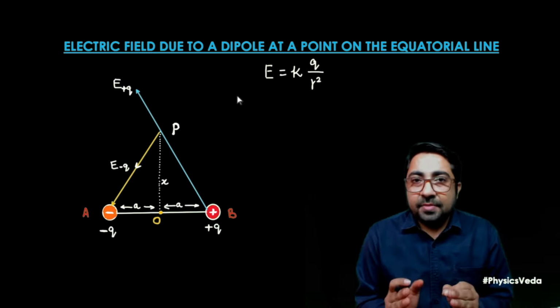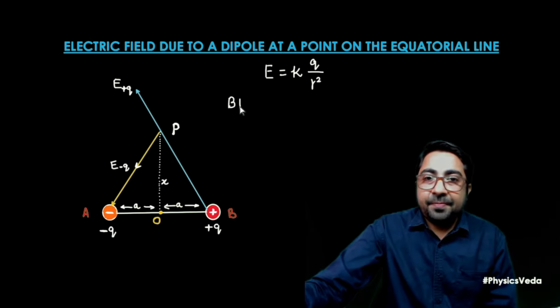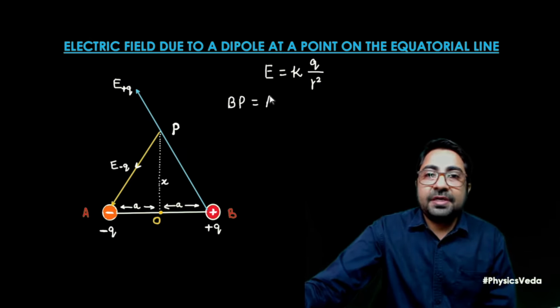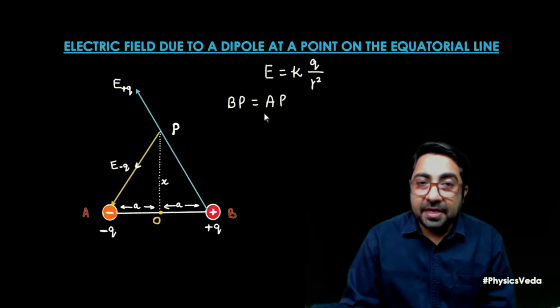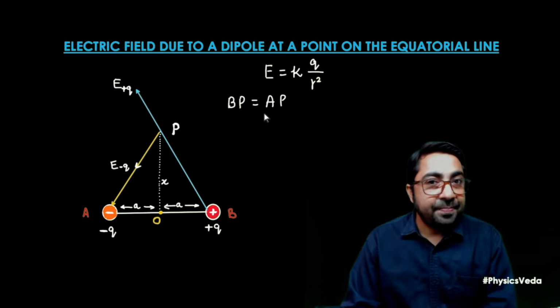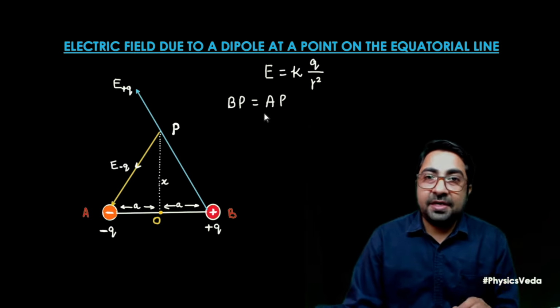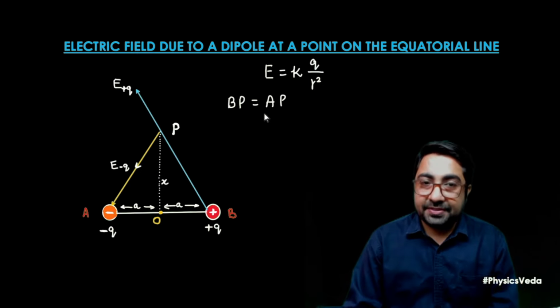From this diagram it is very clear that the distance BP is equal to the distance AP, because from the center to the positive charge the distance is a, and from the center to the point P this distance is x.